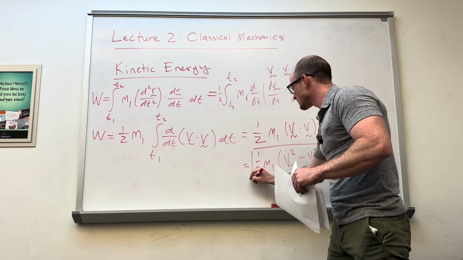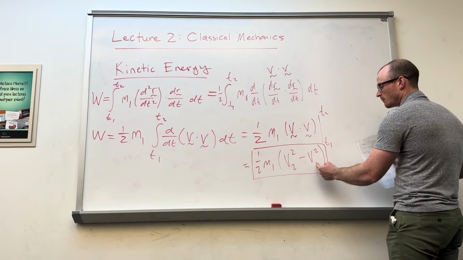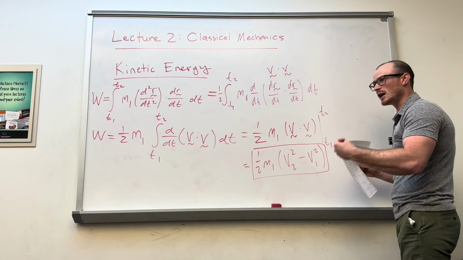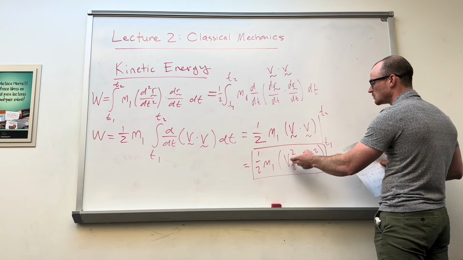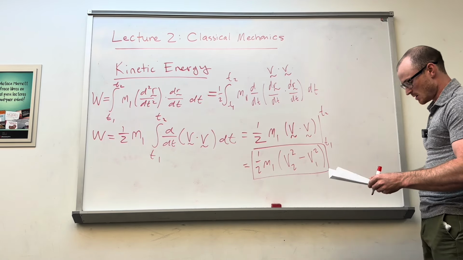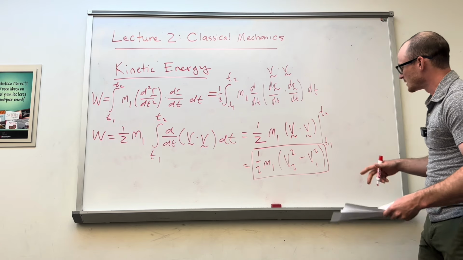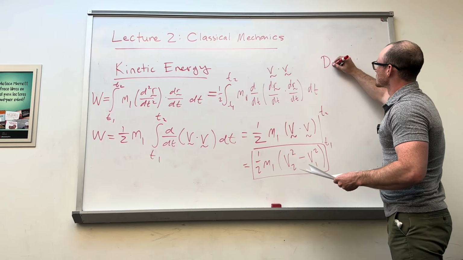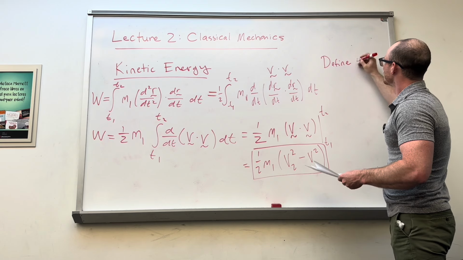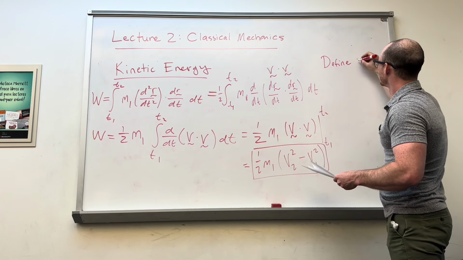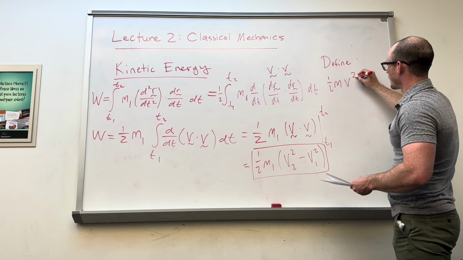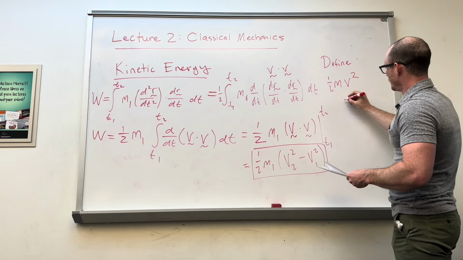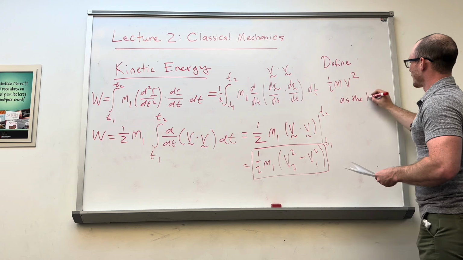So as the velocity changes from v1 to v2, we have a change in work or a change in energy corresponding to 1/2 m1 times v2 squared minus v1 squared. What we're going to do is define this intrinsic property. We're going to define the 1/2 mv squared, this property of the system, as the kinetic energy.